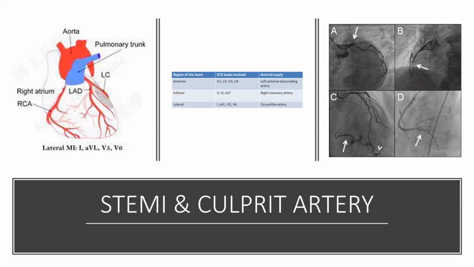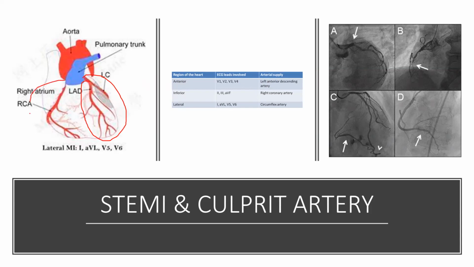For the anterior MI, the left coronary artery is involved, including the lateral and the circumflex. Anterior, this portion right over here, is going to be supplied by the left anterior descending coronary artery.